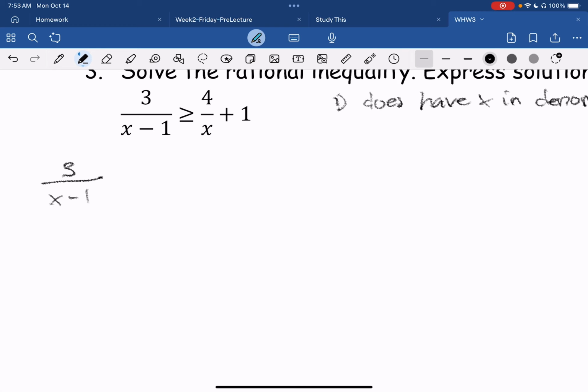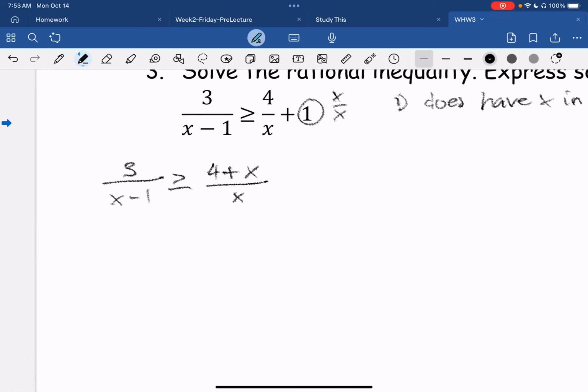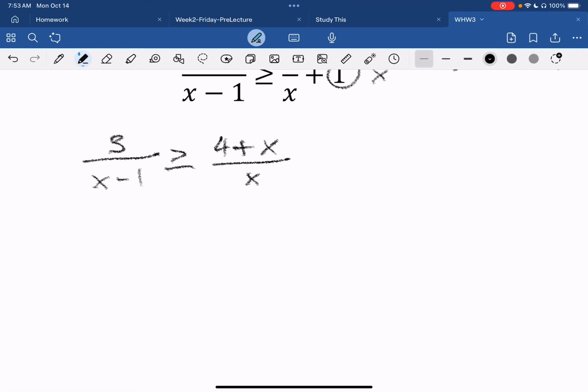So I'm going to rewrite one as x over x. So (4 plus x) over x. I just combined these two fractions. And after that, I can easily cross multiply.